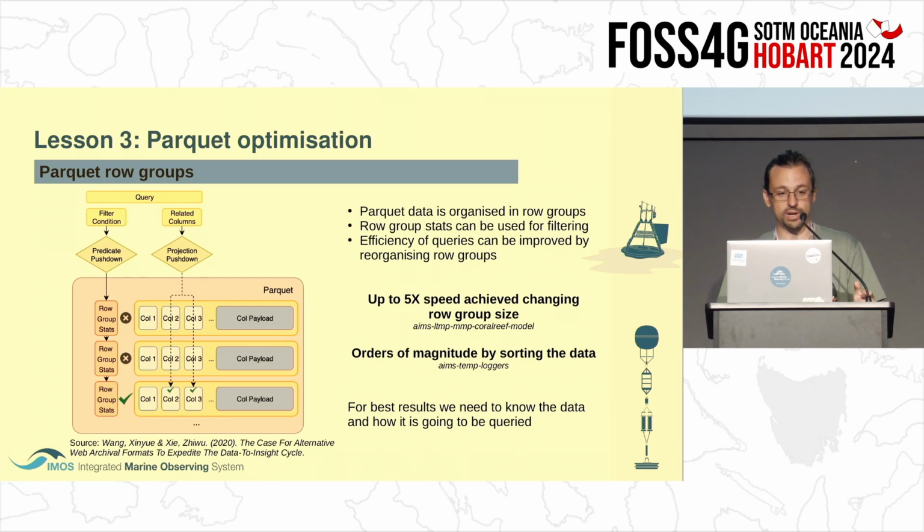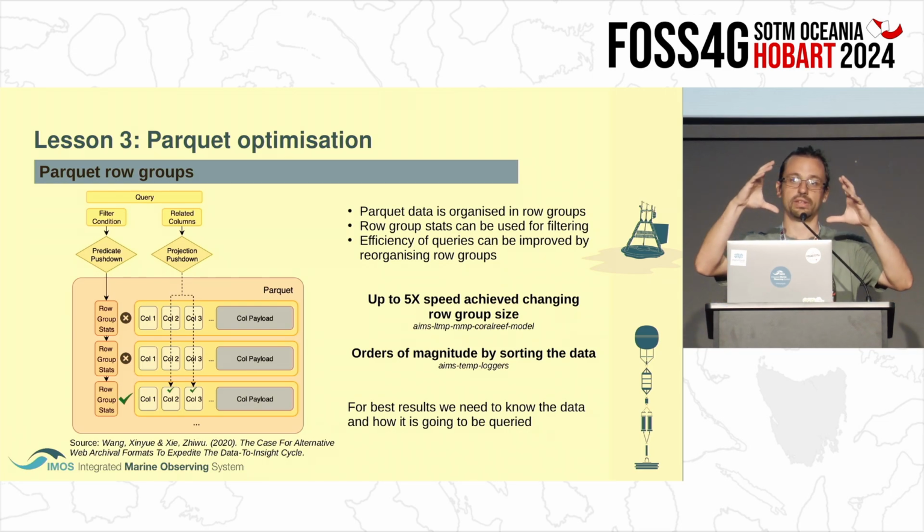One important part of Parquet is the concept of row groups. Now I said that you have a full column and then a full other column. That's not entirely true. The first thing Parquet does is split your table into groups of rows. This could be a few thousand rows for each group, and then store each group one after the next.